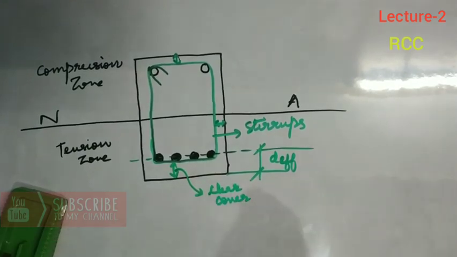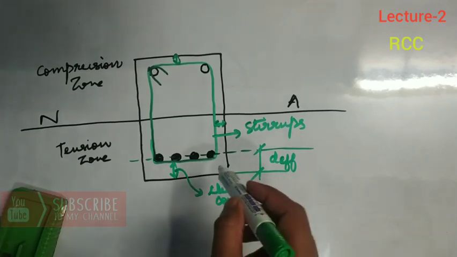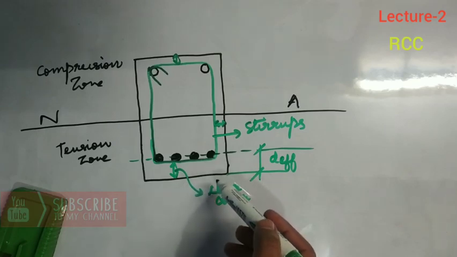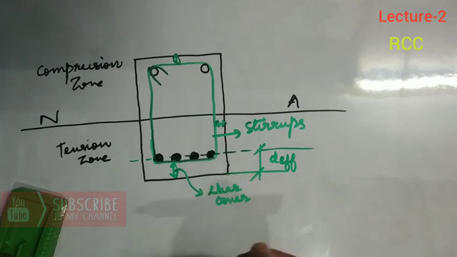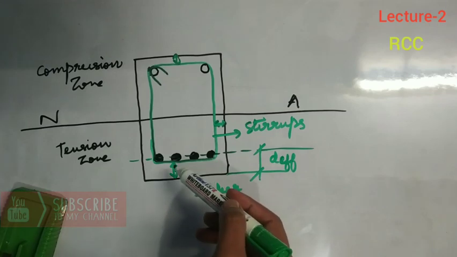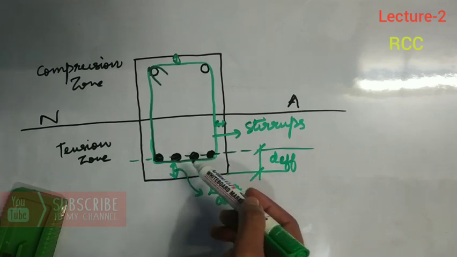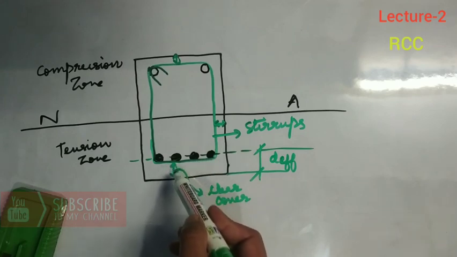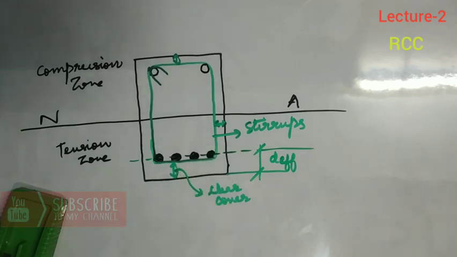So what is the difference between effective cover and clear cover? See, the effective cover is the distance between CG of reinforcement to the bottom face, to the tension face. But clear cover is from the bottom of the reinforcement, that is tie-ups, to the tension face.